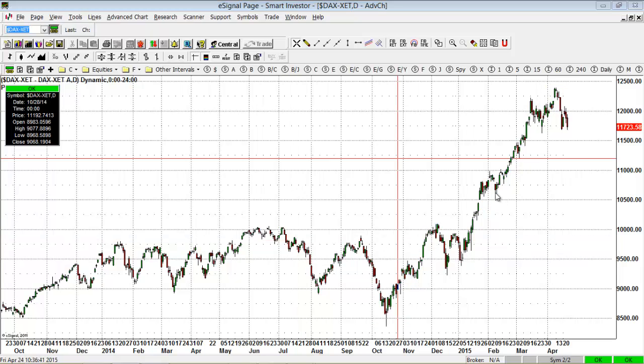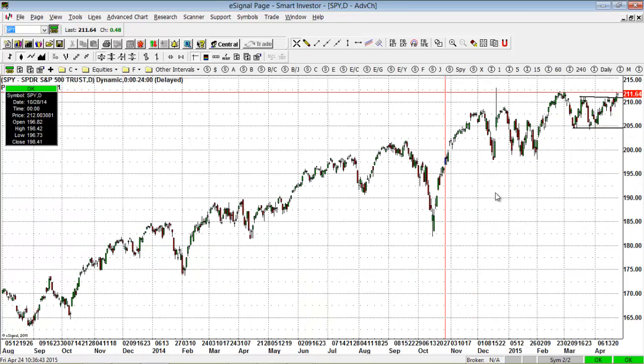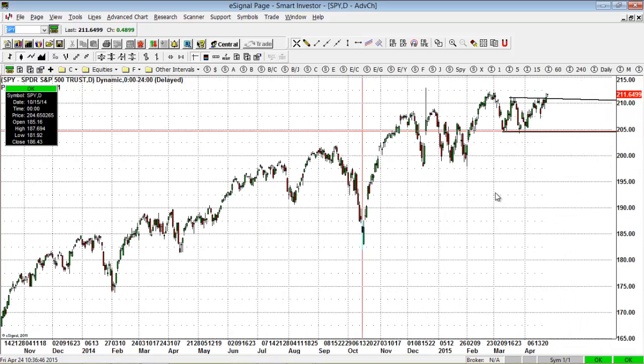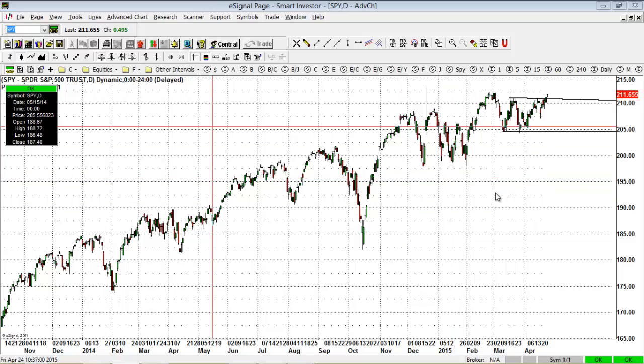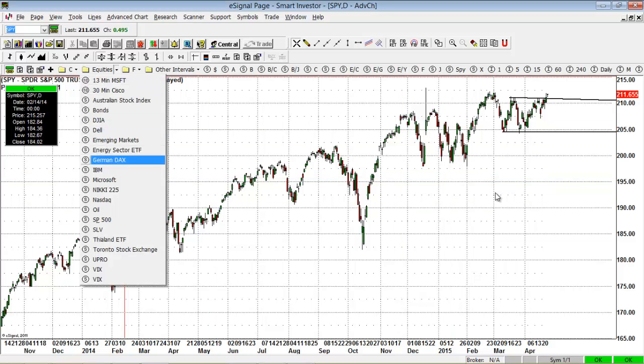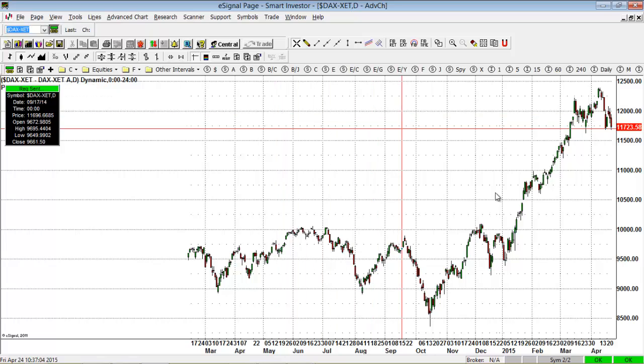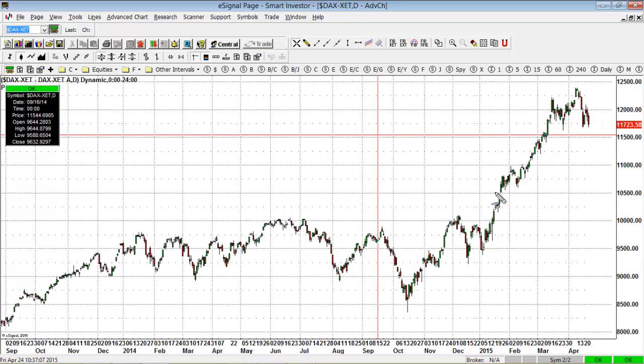While the S&P 500 bottomed in October, from late December till now in April, the market hasn't really done much. But looking at the German DAX, we see that the same period, December to April, has done much better than the S&P 500.